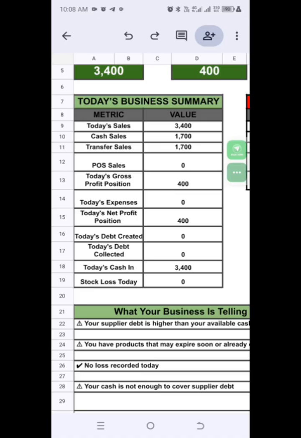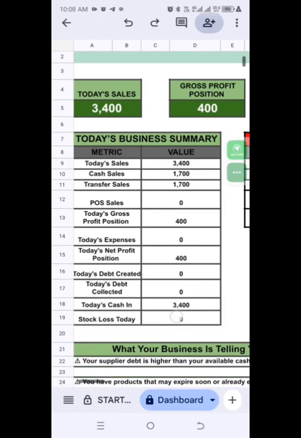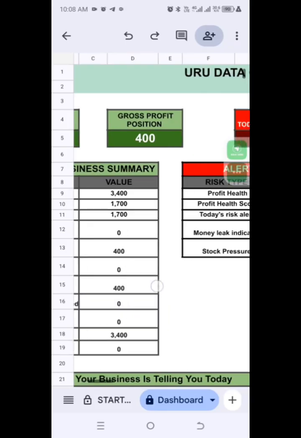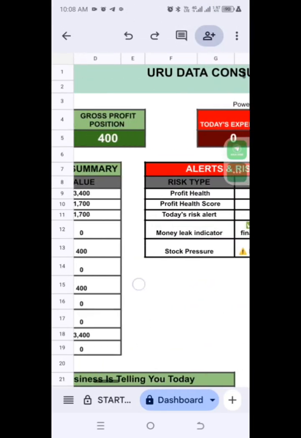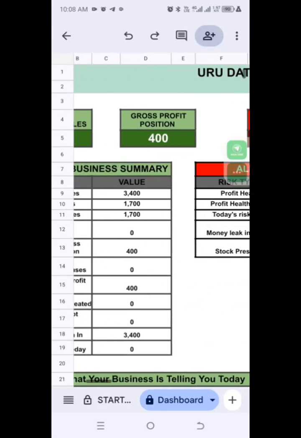If it doesn't tally, it means you investigate. And this is how BIS helps you stop losing money in your business. Your gross profit position and net profit position tell you the situation of your business, if it is heading towards profit or towards loss.